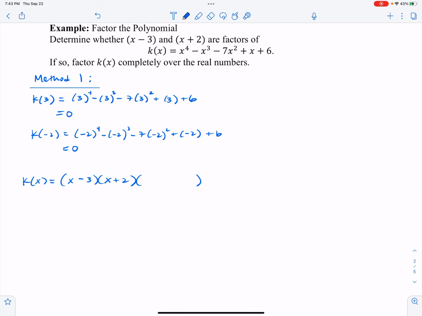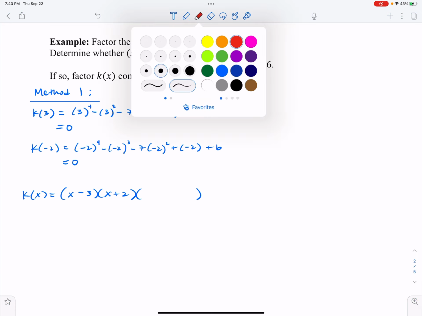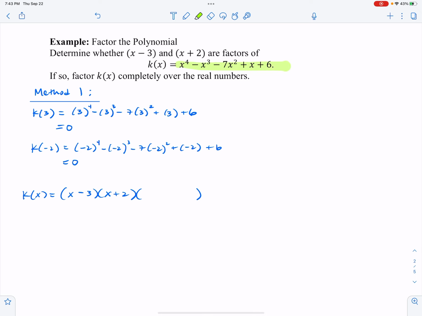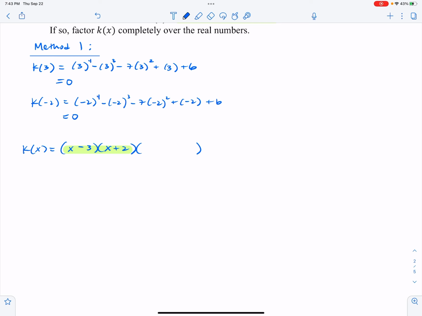But what we could do is, since we know our equation of k of x, and we know that x minus 3 and x plus 2 are both factors of k of x, if we multiply them out, we can then divide k of x by that product, and that would give us our remaining factor. So we'd have to do polynomial long division for that.